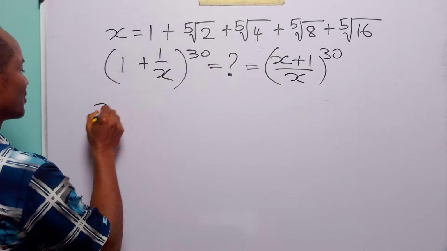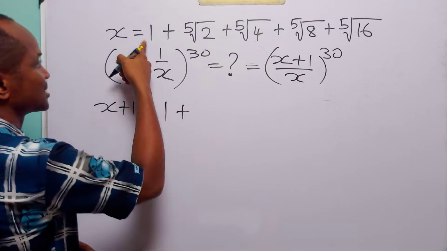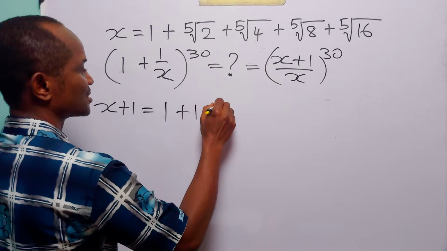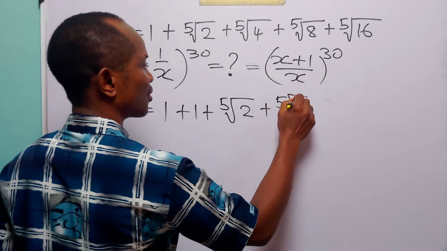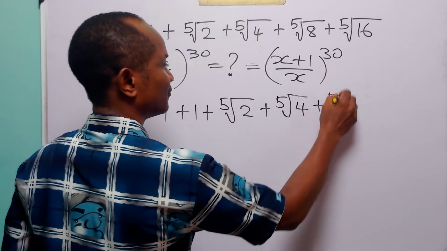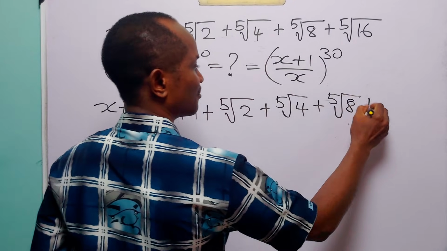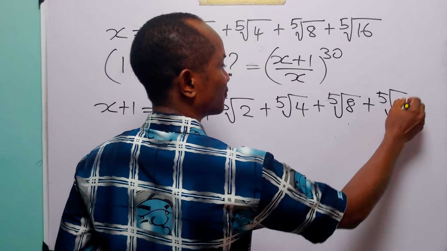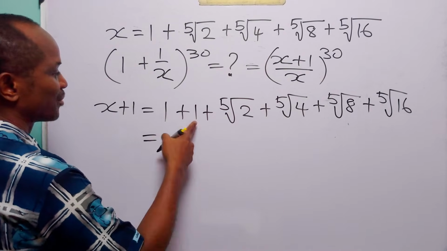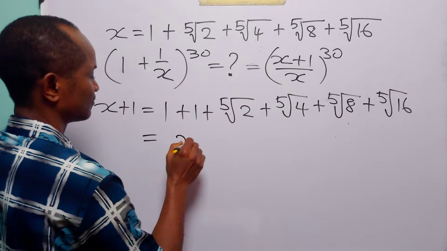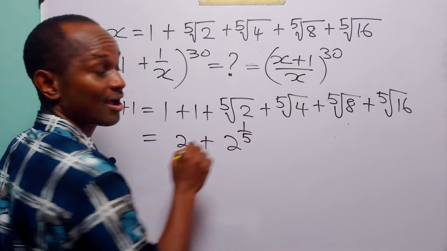When we do that, we have x + 1 is equal to 1 + 1 plus the fifth root of 2 plus the fifth root of 4 plus the fifth root of 8 plus the fifth root of 16. Now this is equal to 1 + 1 is 2, of course, plus 2 to the power 1/5.